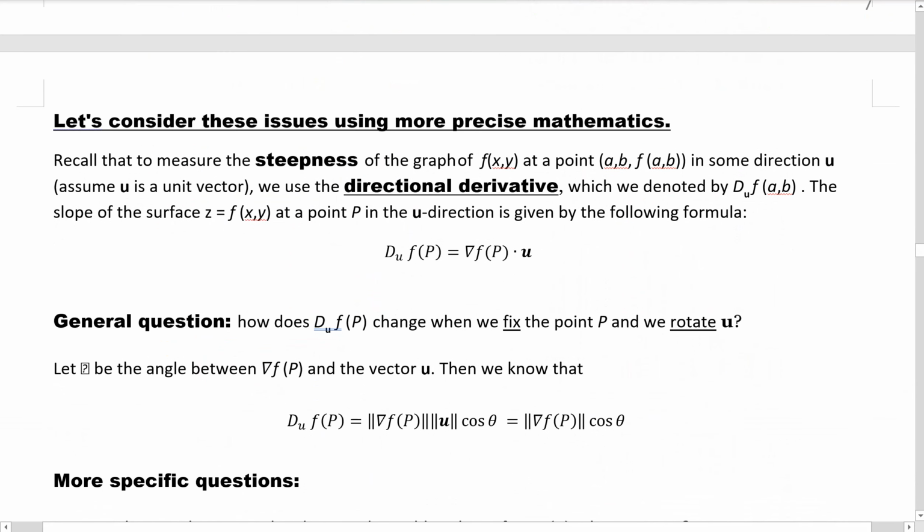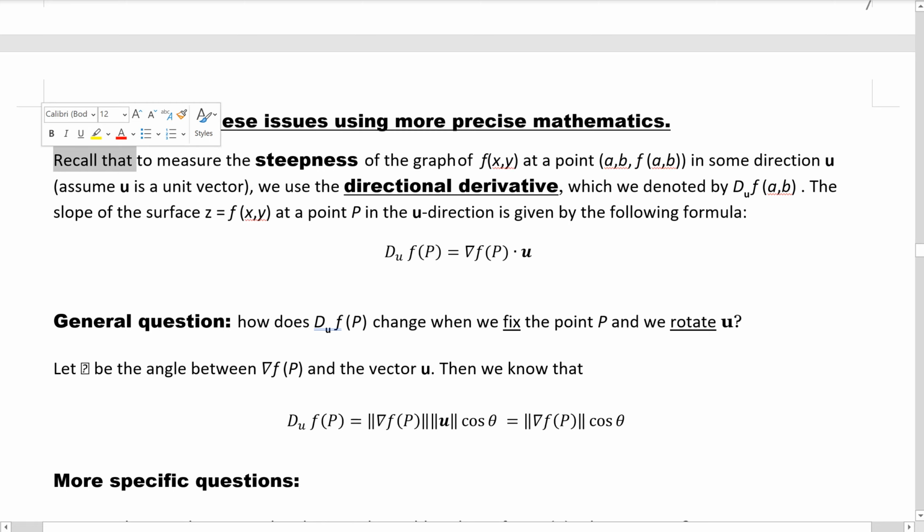So let's consider these issues using more precise mathematics. To measure the steepness of the graph of f at a point in some direction u, assume u is a unit vector. We use the directional derivative.